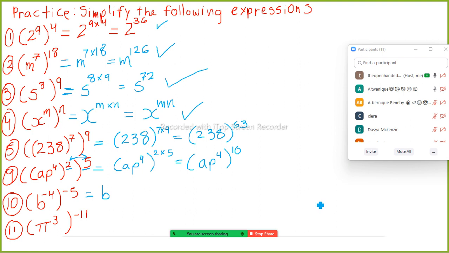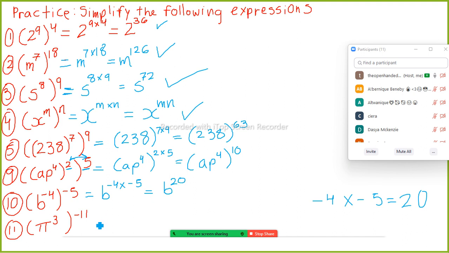No, I mean 20. Yes, because a negative times a negative is a positive. So it's going to be b to the power of negative 4 times negative 5, which is equal to b to the power of 20.